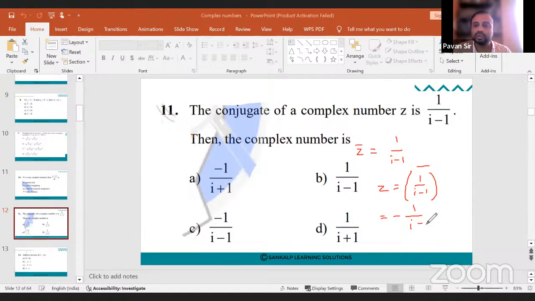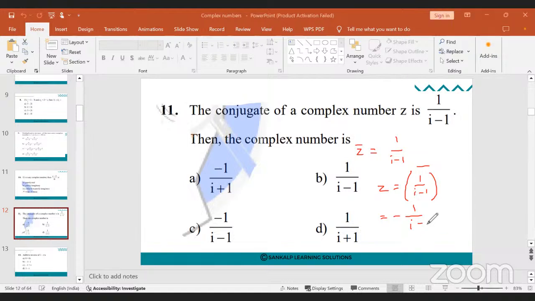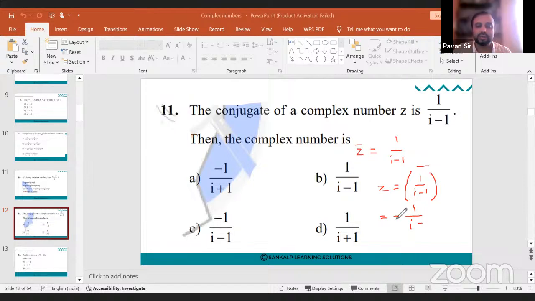Chetan, please mute yourself. So here it is minus of (i minus 1). What is the final answer here? Minus of 1 upon (i plus 1), taking the whole minus common. So option A is the correct one.